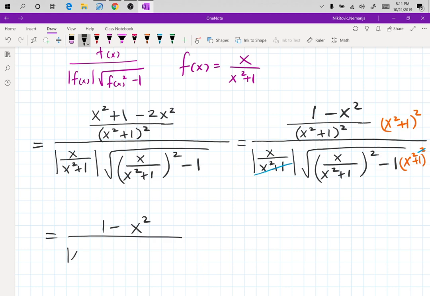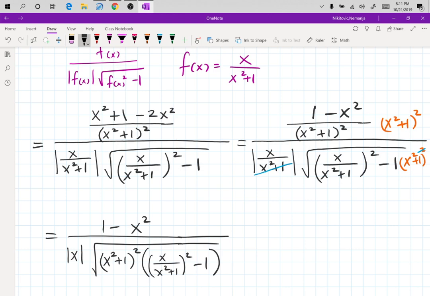So over here I just have absolute x. And now under the square root, I will have x squared plus 1 squared times the old square root, which is x over x squared plus 1 all squared minus 1.